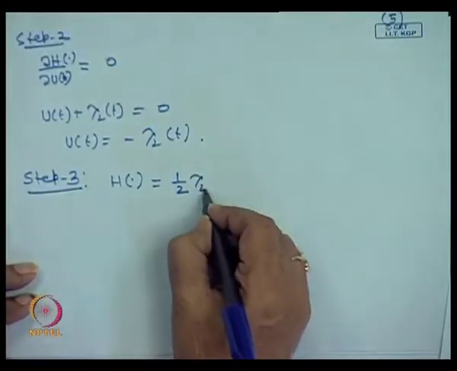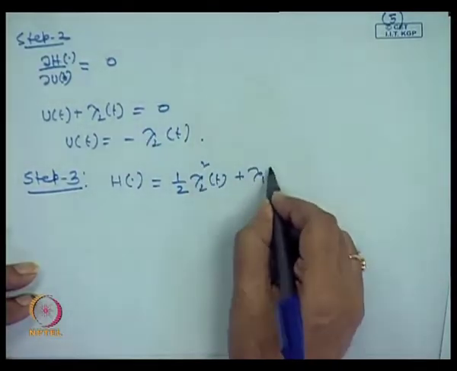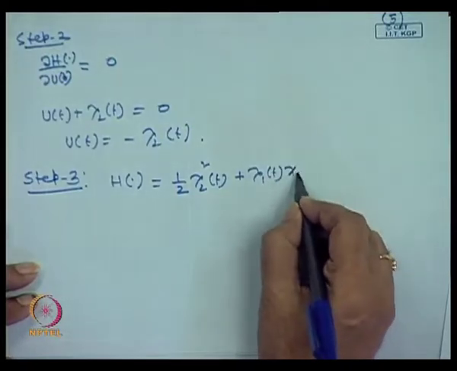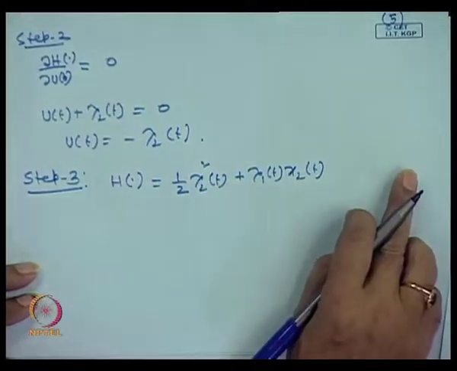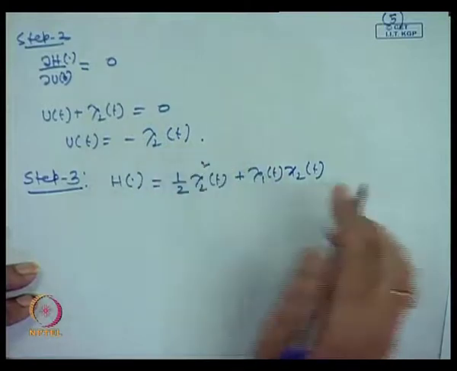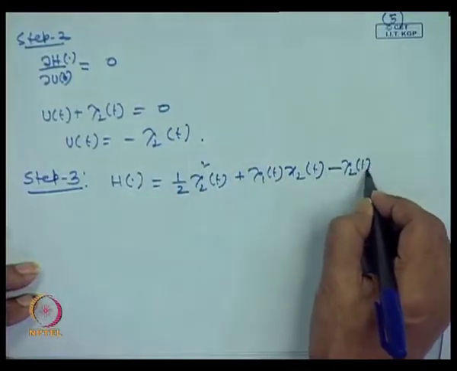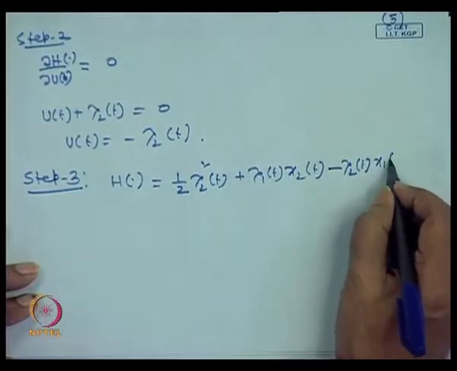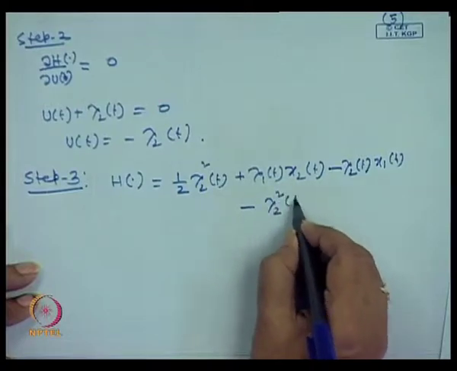So, this will be lambda 2 of t squared, then plus lambda 1 of t x 2 of t. I am writing the H expression that we got, and replacing u of t by minus lambda 2 of t only. Then minus lambda 2 of t x 1 of t, minus lambda 2 squared of t.